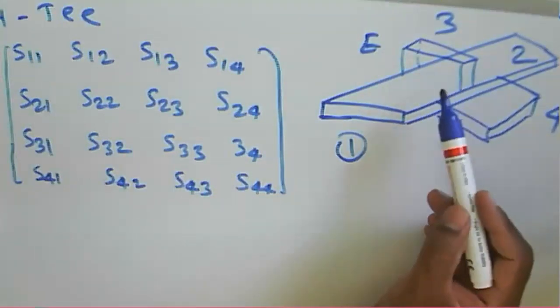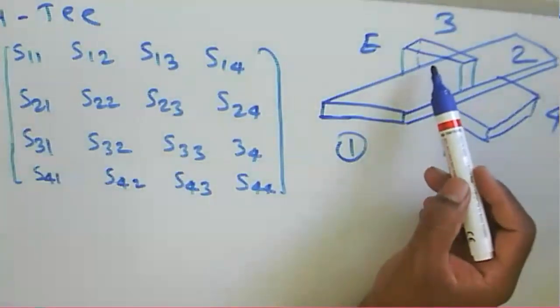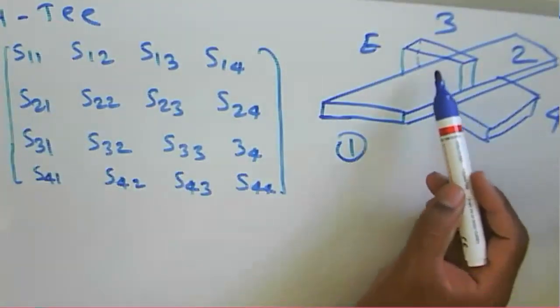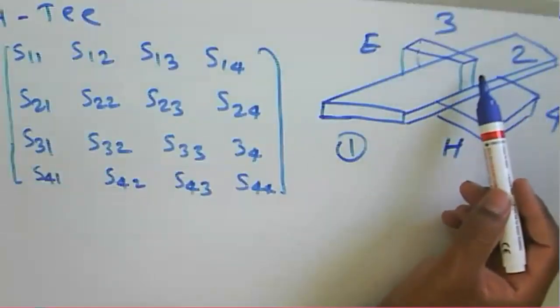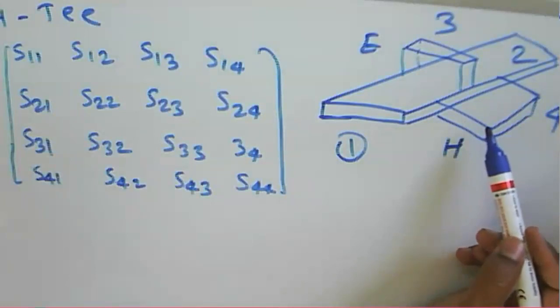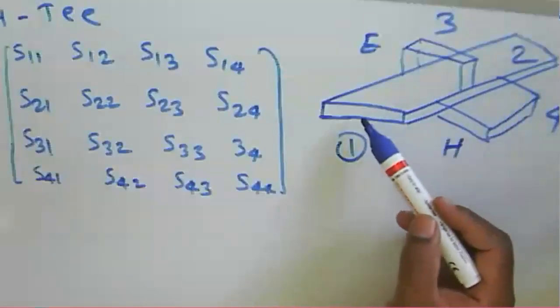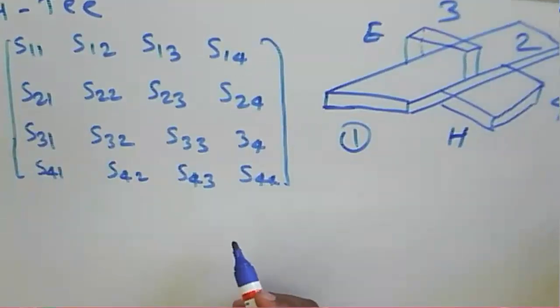If the input is at port 1, a difference takes place at the E arm and a summation takes place at the H arm. If we provide the input at port 3, the output is equally divided in 1 and 2, with no output at port 4. If we provide the input at port 4, the output is equally divided in 1 and 2, with no output at port 3. We said that earlier.